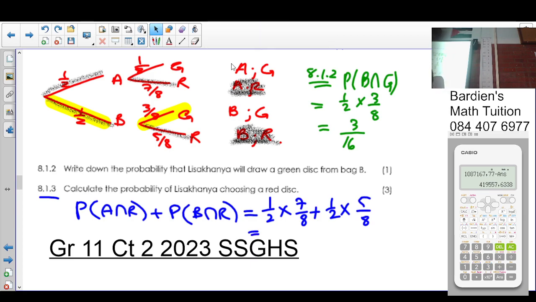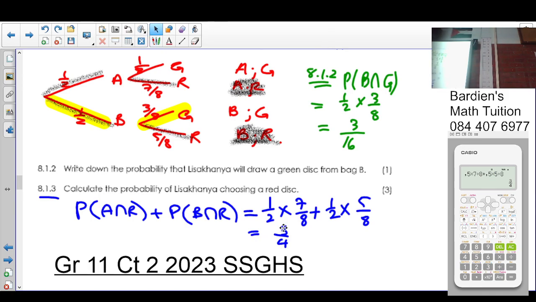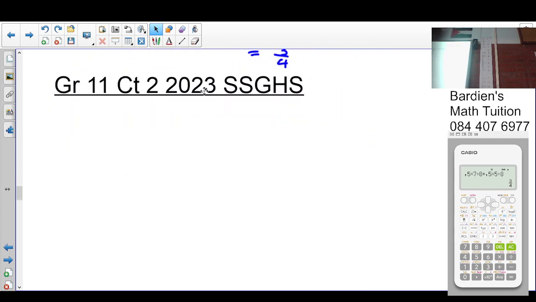That's going to give you 3 quarters. Or you can say 0.75, or you can say 75%. Okay, all of that is acceptable there.